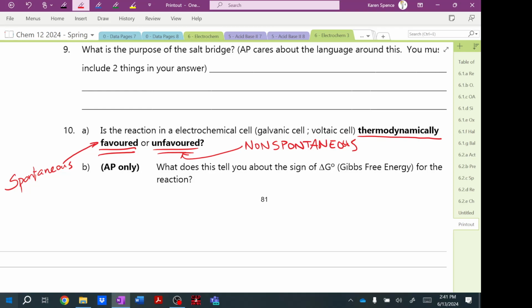I only have one rewrite, but you can do one rewrite, okay? So feel free to either, if you feel like you have learned it since then, you could do it tomorrow during flex, or if you want to take the weekend to review it, you could do that. I will say one thing that cost a lot of people a lot of marks was they forgot to do this.